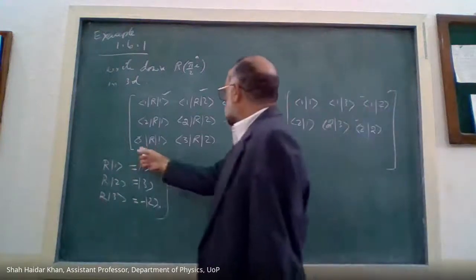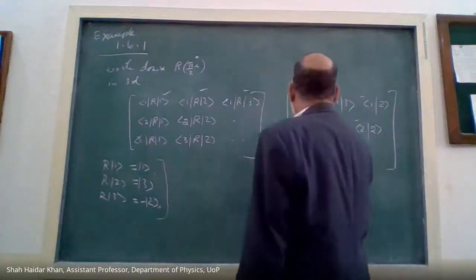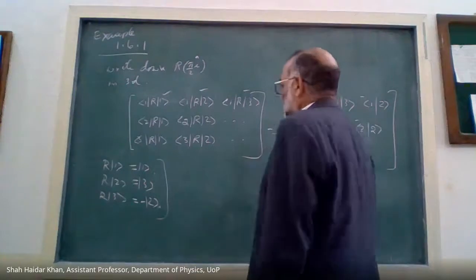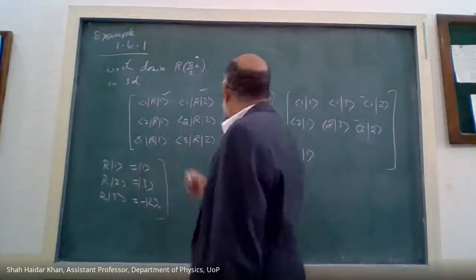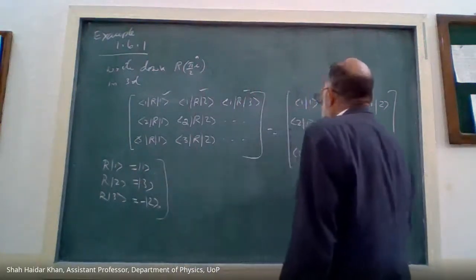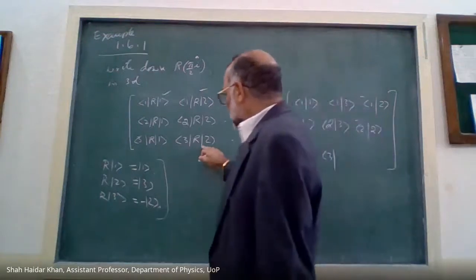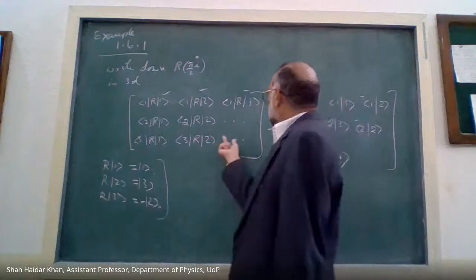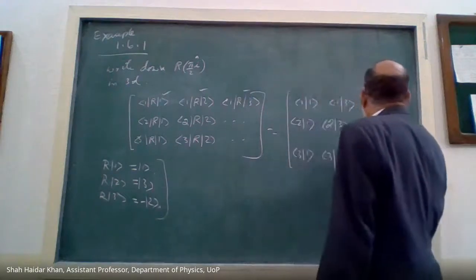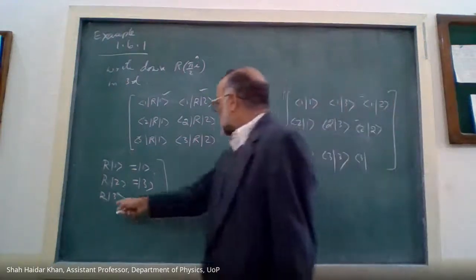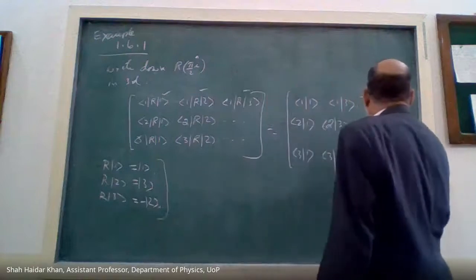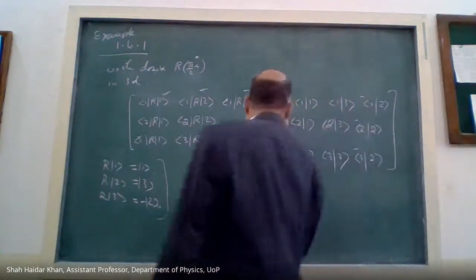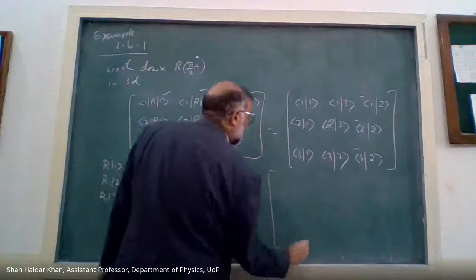Then 3, R of 1 is 1; 3, R of 2 is 3; 3, R of 3 is -2.